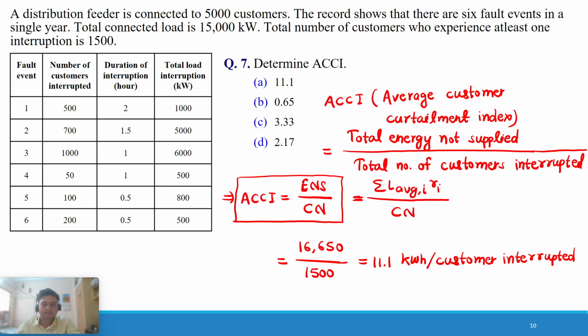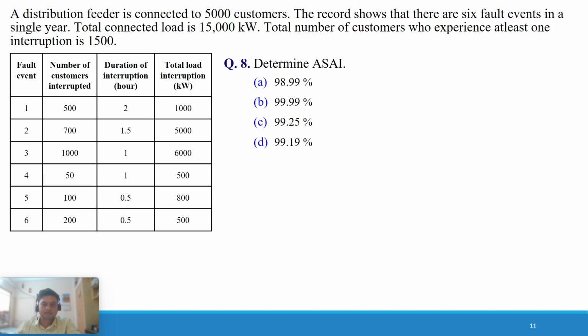So let us move to the next problem. In the next problem we have to determine the ASAI. ASAI is average service availability index.